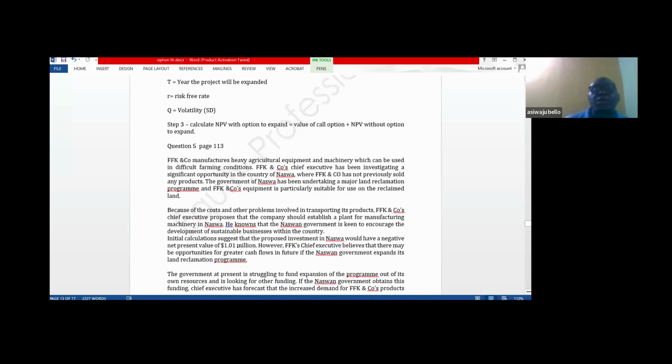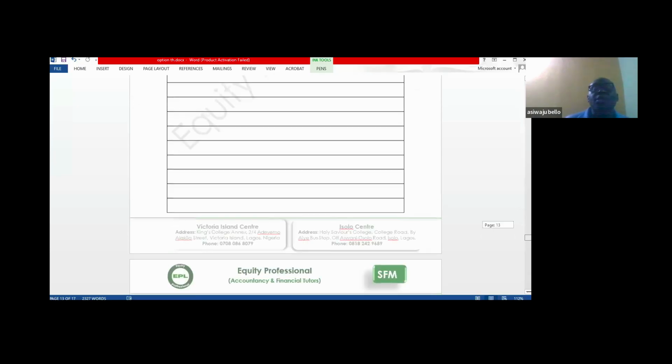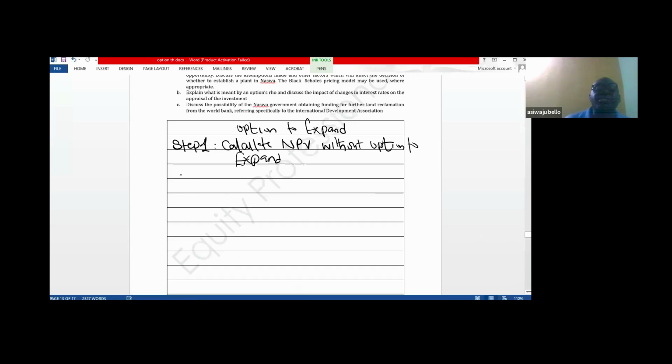Initial calculations suggest that the proposed investment in Naswa has a negative NPV of 1.01 million. Pick that. NPV without option to expand is negative 1.01 million.